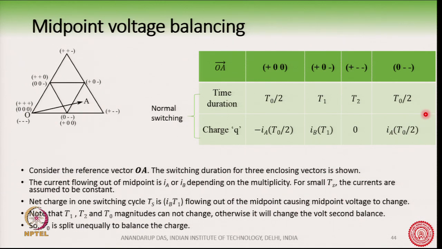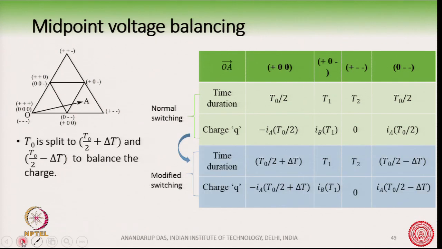If we do that, then there will be a net contribution from this term and this term here, which will nullify the effect from this Ib into T1. If we can do that, then the midpoint voltage fluctuation over this Ts time period will be equal to 0. So, this is shown in the next table here.